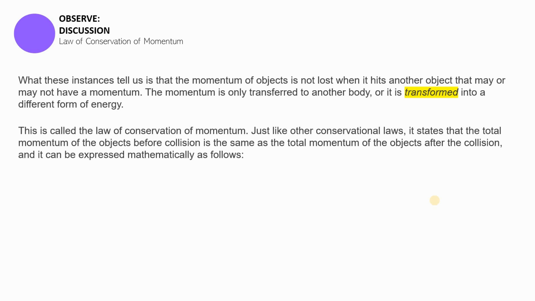You call the fact that momentum cannot be created nor destroyed as the law of conservation of momentum. And just like other conservation laws, it states that the total momentum of the objects before collision is the same as the total momentum of the objects after the collision, and it can be expressed mathematically as follows.